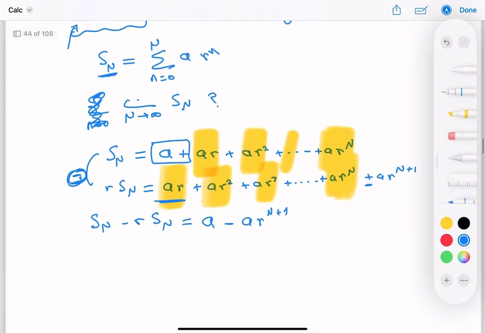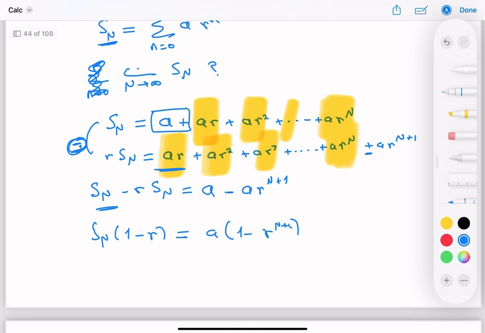So if we rewrite this left hand side, if we take Sn in common, we will have 1 minus r in here, and this is going to be a times, if we take a common, 1 minus r to the n plus 1. This is what we have, right?